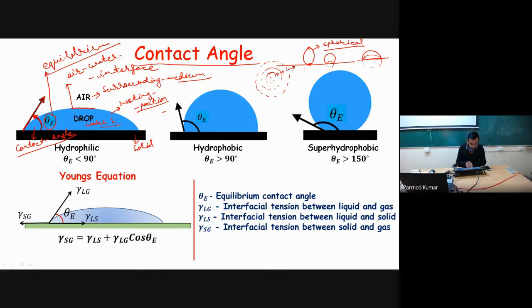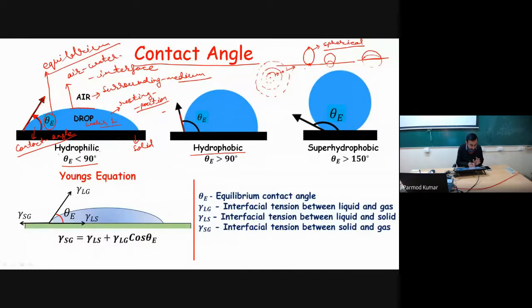Whenever we have a combination of these three phases such that our equilibrium contact angle is less than 90 degrees, our surface is called a hydrophilic surface. When our contact angle is greater than 90 degrees, it is called a hydrophobic surface.